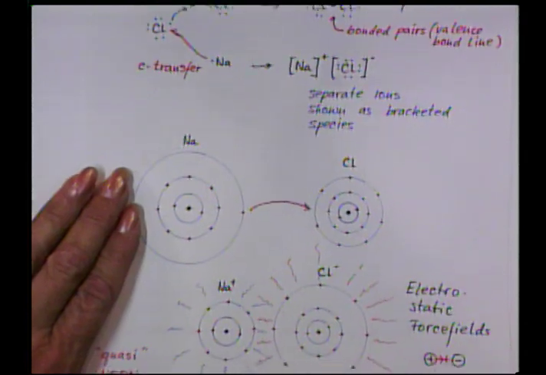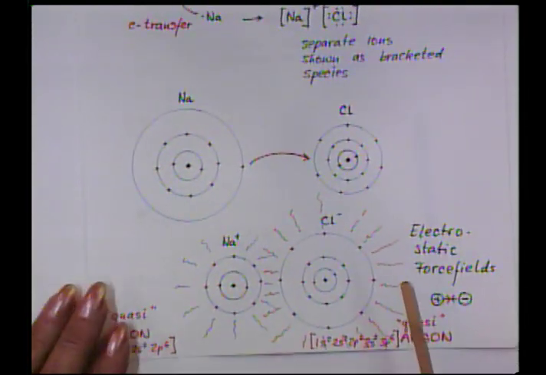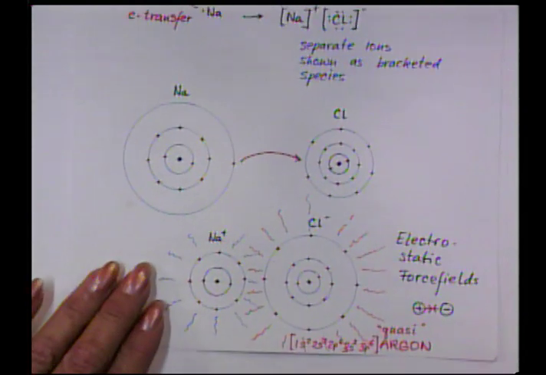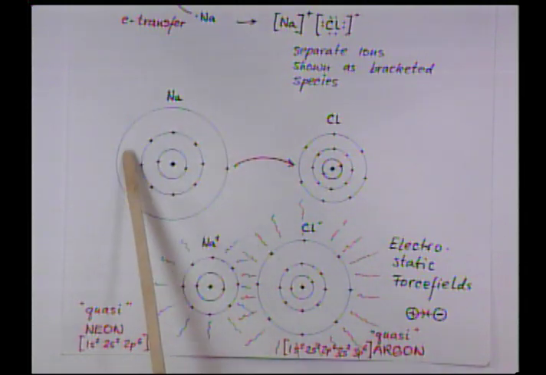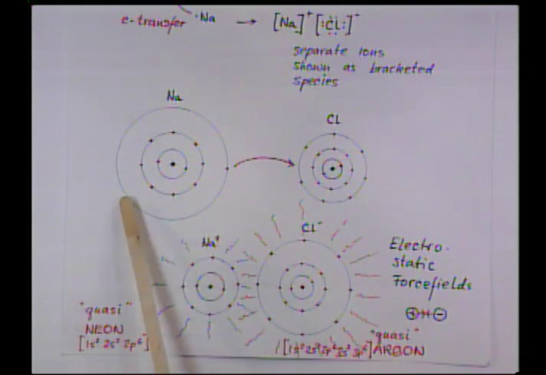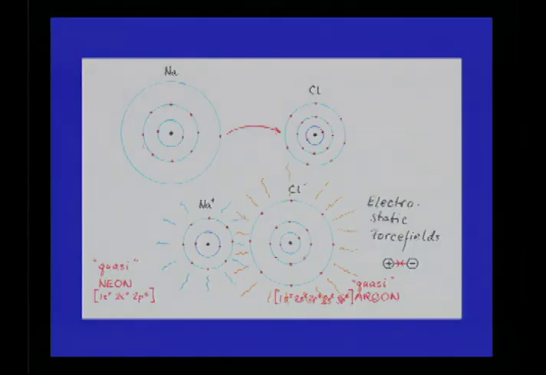Now here I'd like to show you how this looks in the shell environment. Sodium has 3 shells. It has 2 in the first shell, in the so-called K shell, and 1, 2, 3, 4, 5, 6, 7, 8 in the second shell, the L shell, and only 1 little lone electron in the outermost shell.